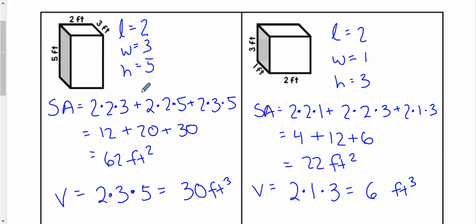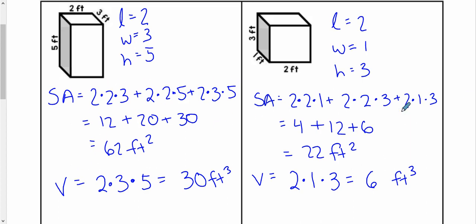If you need to see how I did it, you can pause and look at the details. But I would expect at least the first step, like showing what you're multiplying and then the answer. You might not show the middle step.